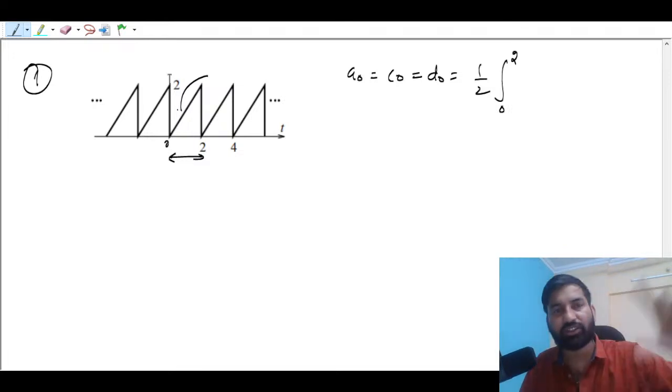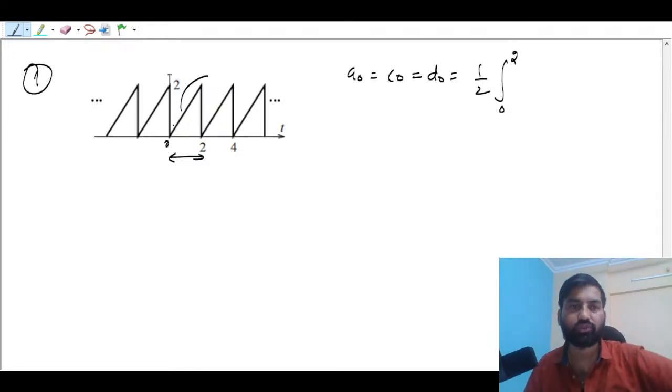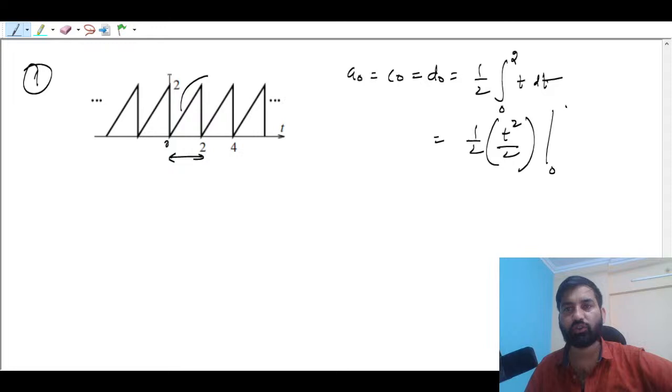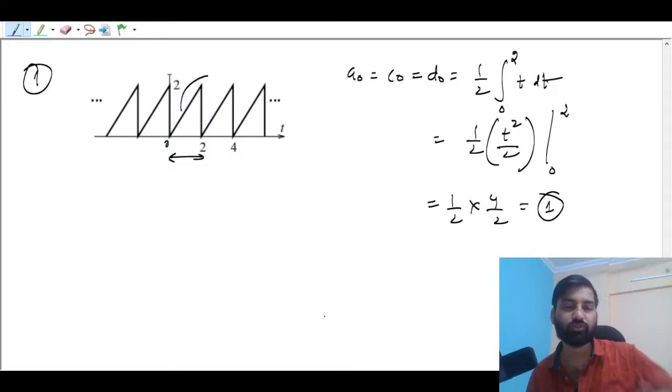What is the straight line equation? The slope is nothing but 1, right? So it is the integral of t dt. So 1 by 2 and t square by 2, from 0 to 2. So 1 by 2 into 4 by 2, which is 1. So your DC value is 1 only here.